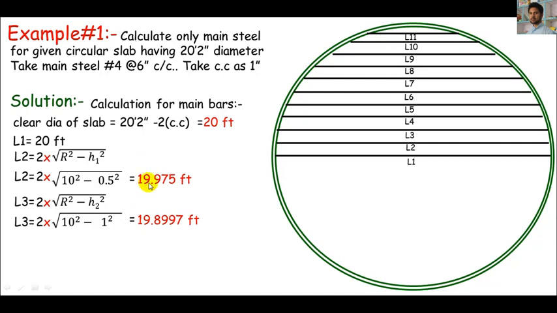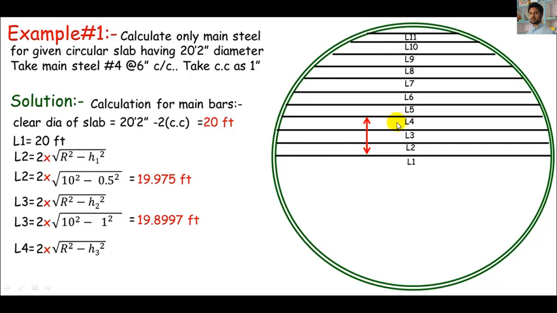Now what about L4? It is just R squared minus H3 squared, times 2. And this is also minimum from L3, L2 and L1, and of course you can see it. So plug and check in. We need H3 over here. It is the distance between L1 and L4, because we are calculating L4.